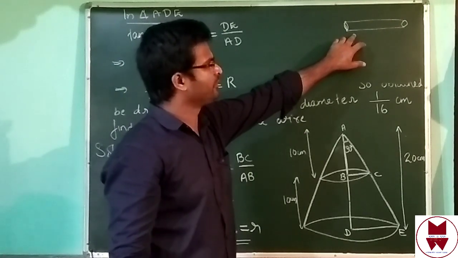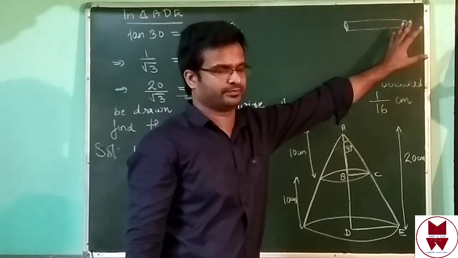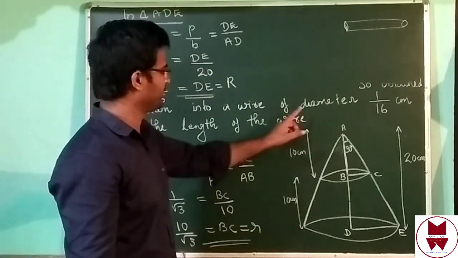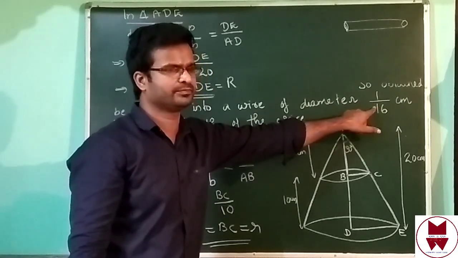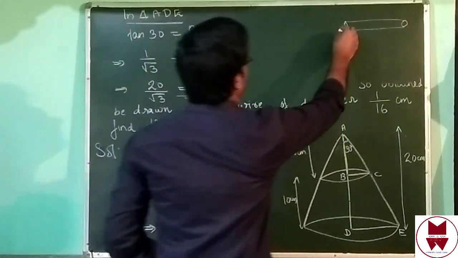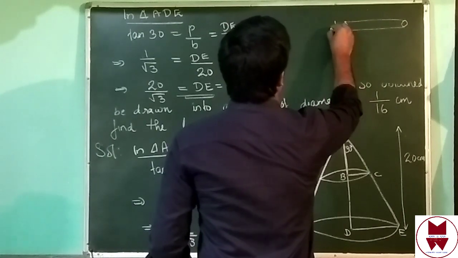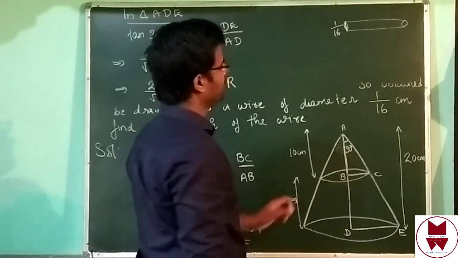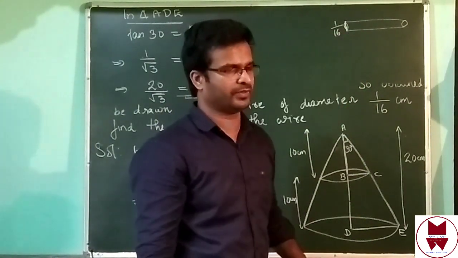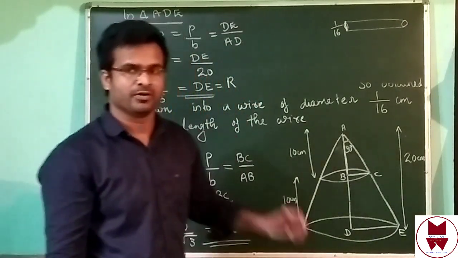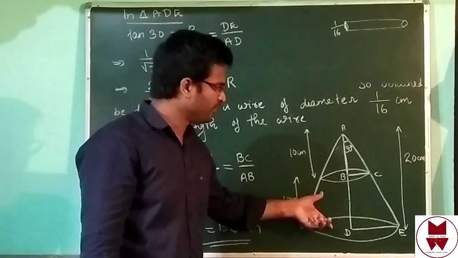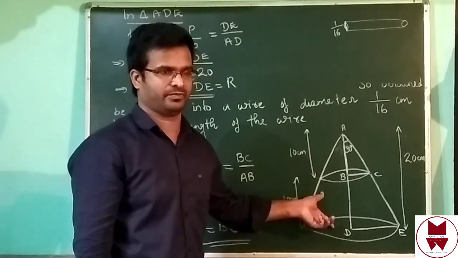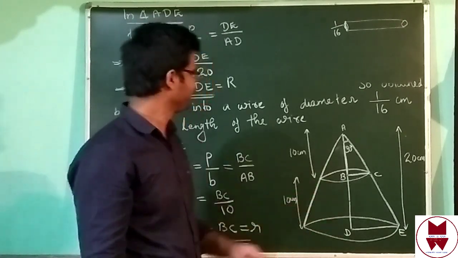Then we have to find the length of the wire. One thing given here, the diameter of the wire is 1 by 16. For that, what will we do first? First we will find the volume of this frustum.